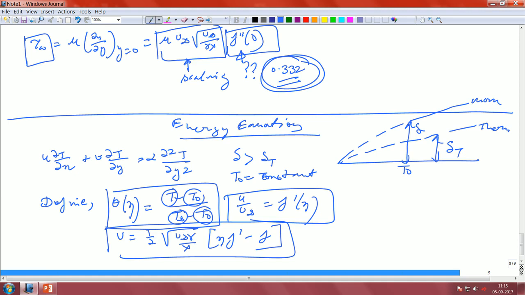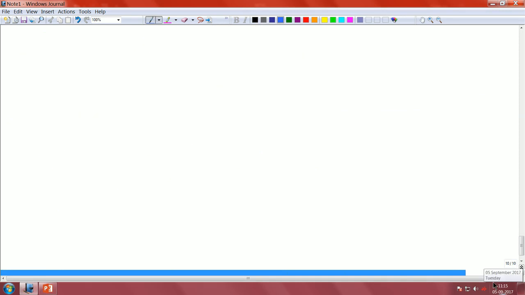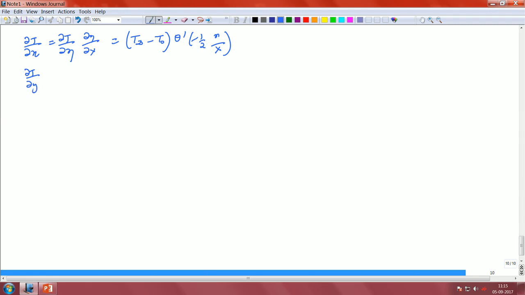So, based on this, let us establish the rules once again: dT by dx is equal to (T infinity minus T naught) into theta prime times minus half eta by x, and then dT by dy.